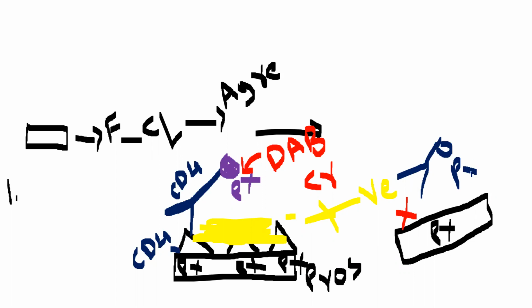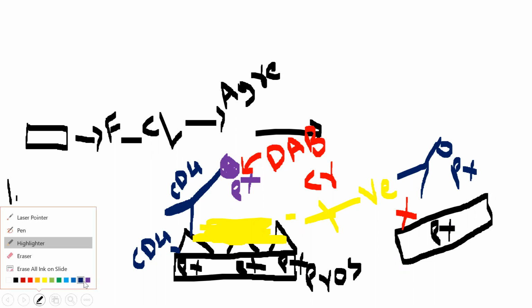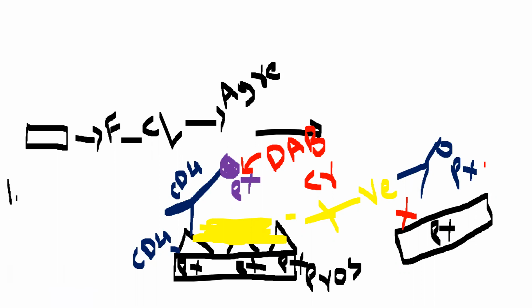Even though they didn't bind, since there is peroxidase in the tissue, upon adding the chromogen DAB, or we also have something called anti-peroxidase, AP, I'm writing AP here, it will give color.